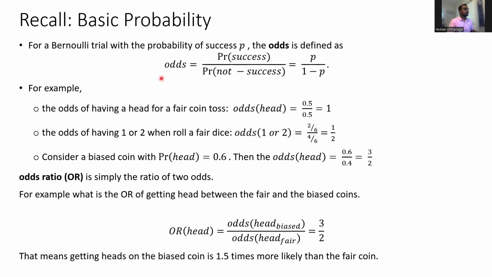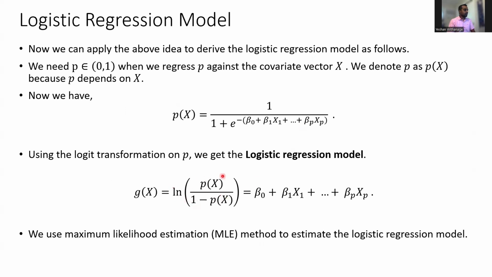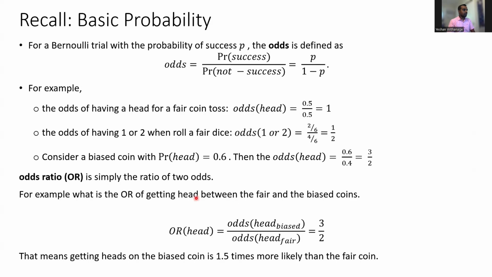As you can see here, odds is equal to the probability of success divided by the probability of failure, or the not success. So that is P over 1 minus P. So if you go back and see again, you can see this P(x) divided by 1 minus P(x) is exactly the same form as these odds.